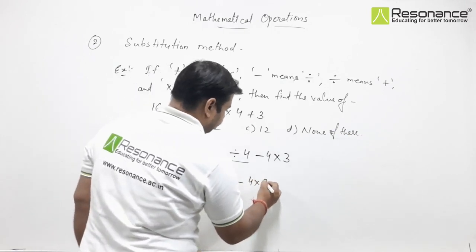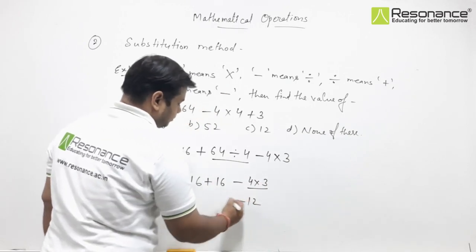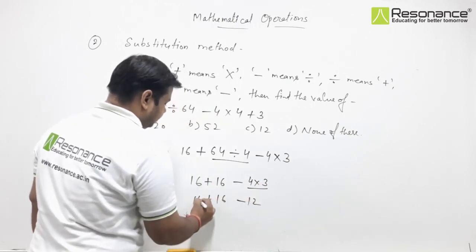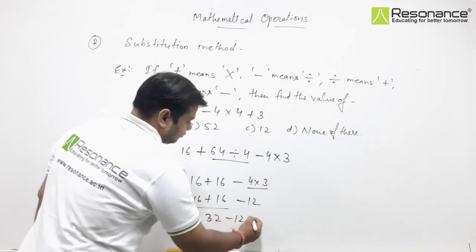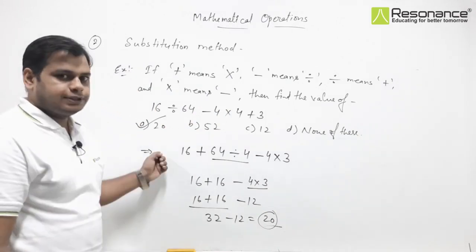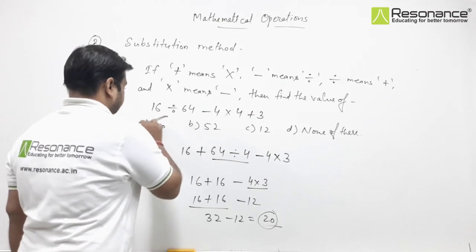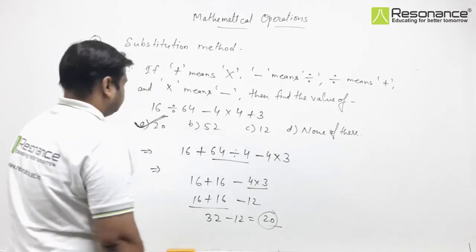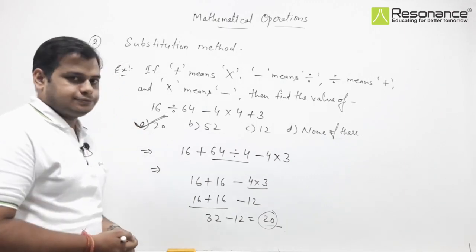Minus 4 into 3. 4 multiplied by 3 gives us 12. 16 plus 16 will give us 32. Minus 12 will equal 20. 20 is the correct answer. So 20, option A is the correct answer.